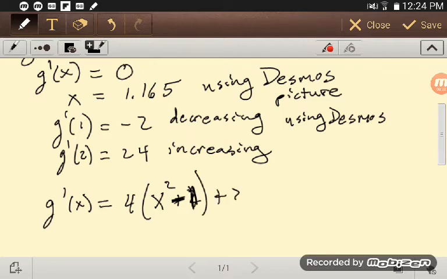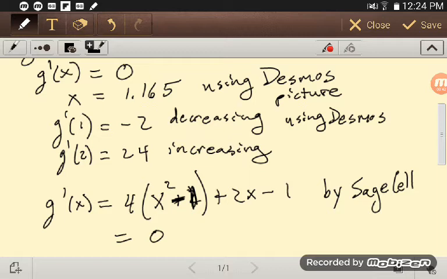And then it was like plus 2x and then minus 1 or something like that. Again, don't wreck a good story with facts as far as just the process. So, by Sage Cell. Okay, so there's my derivative by Sage Cell. I set it equal to 0, and then maybe now I go plot it on Desmos, and by Desmos I get that, and so on.